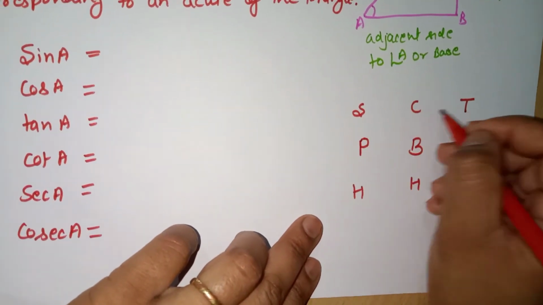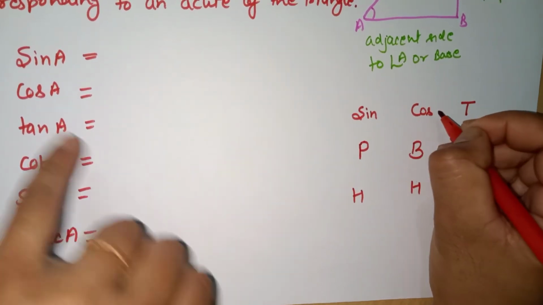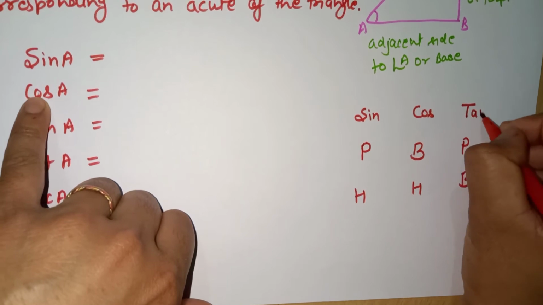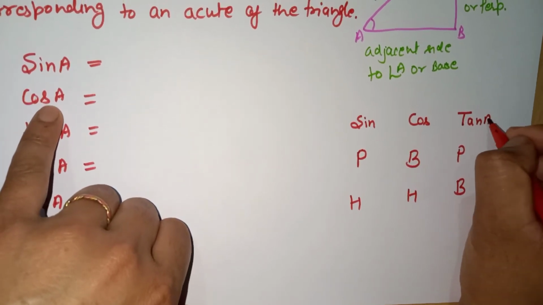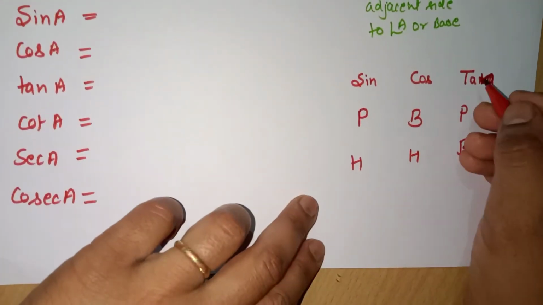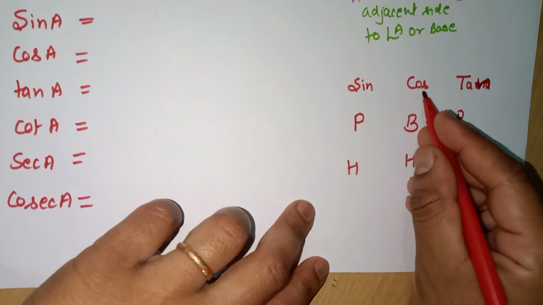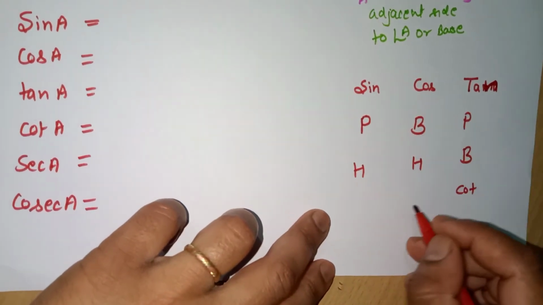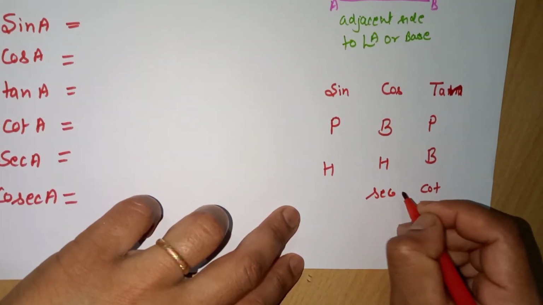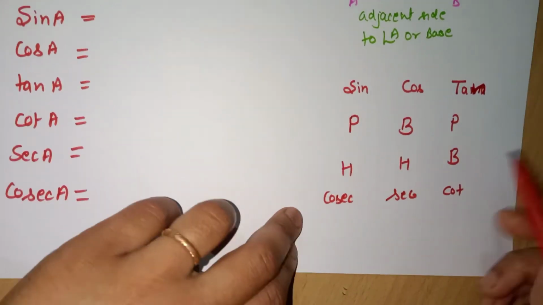Here Sona Chandi Tolle means we will write sin here, second cos here, and tan here, and the opposite of tan is cot, the opposite of cos is secant, and the opposite of sin is cosecant.